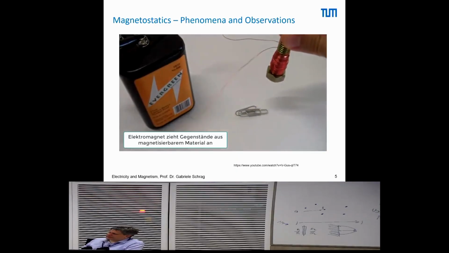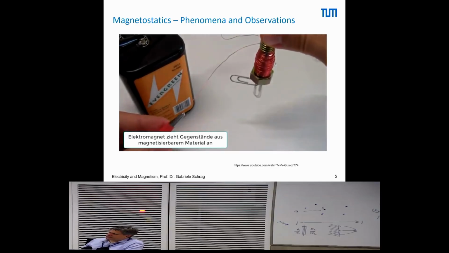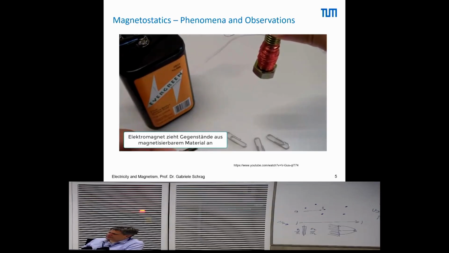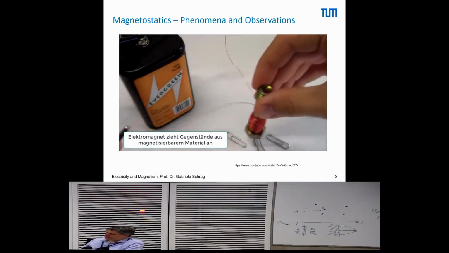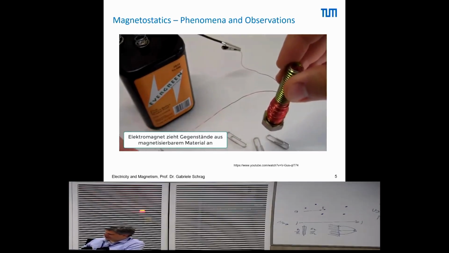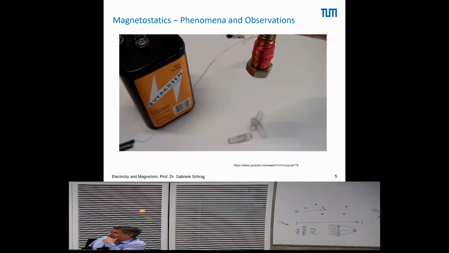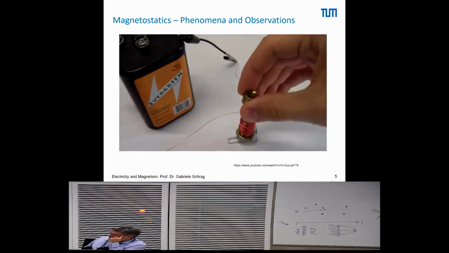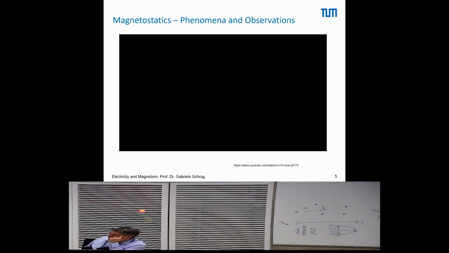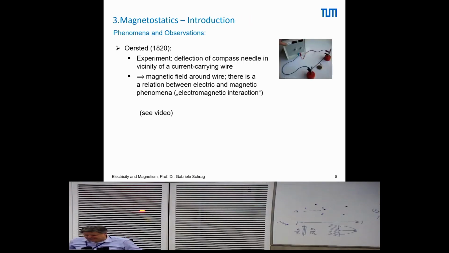When it is not connected, it's not acting as a magnet, but as you connect it to the battery and the current flows, it becomes a magnet, so you can switch it on and off. So you see there's already quite a nice use for industrial application, but this is not only used for using electric power, it is also, of course, used to generate it. So the phenomenon goes back to the experiment that Ørsted did in 1820.